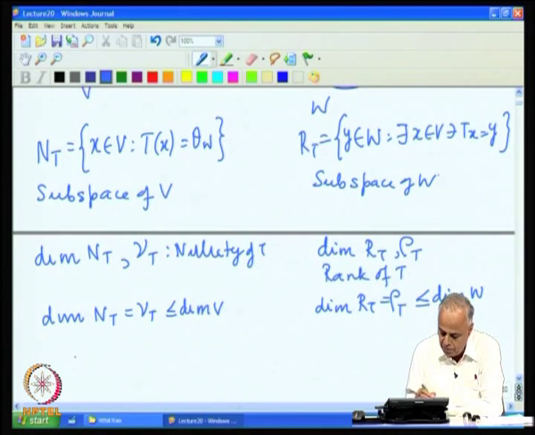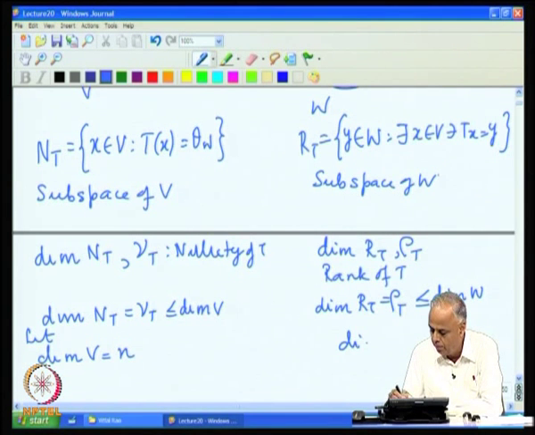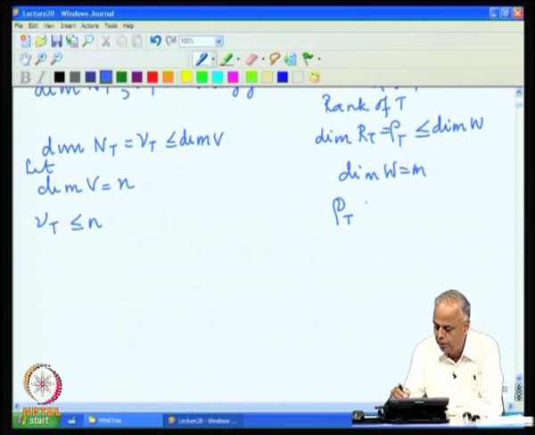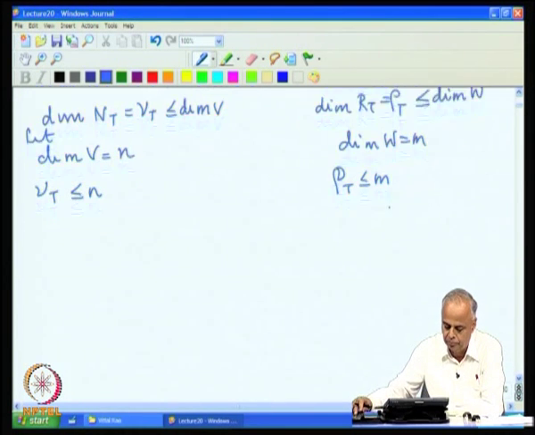Now, let us take dimension of V to be n and dimension of W to be m. So, we have nu of T is less than or equal to n and rho of T is less than or equal to m.